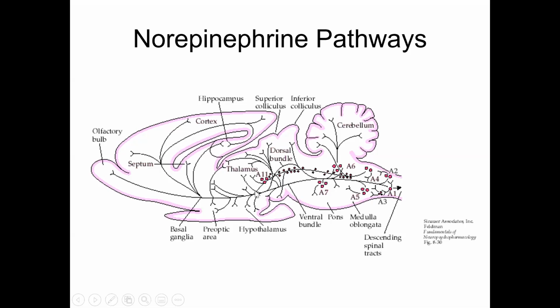The dorsal noradrenergic bundle now goes up into the hypothalamus, the paraventricular nucleus, and then makes a number of connections with thalamic nuclei.